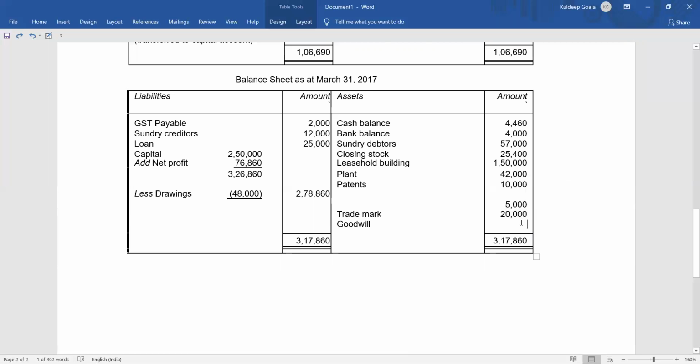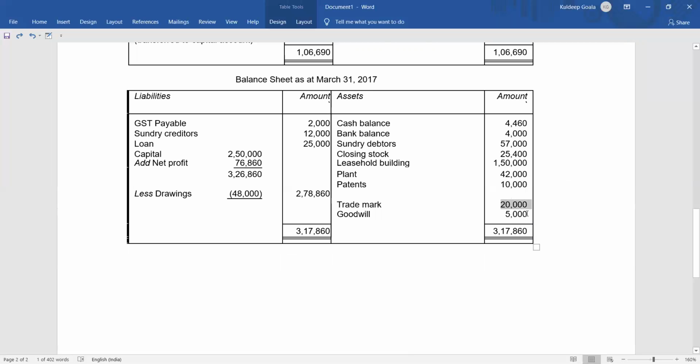Okay, I'll just put it a little down. Just a minute, I'll just edit it so that it comes okay. Yeah. Now it is okay. Trademark is 5,000 and the goodwill is 20,000.